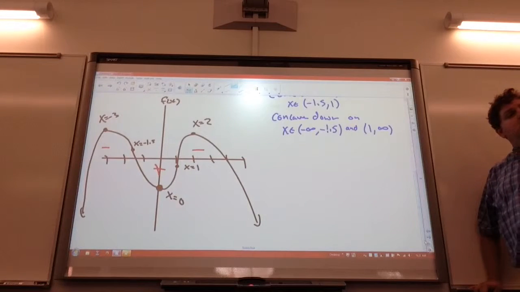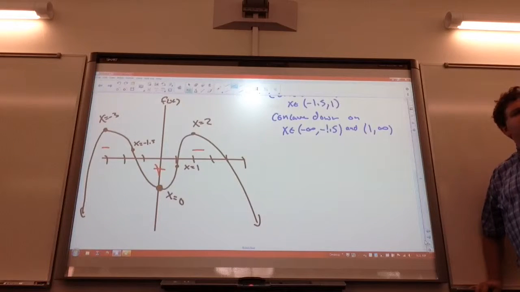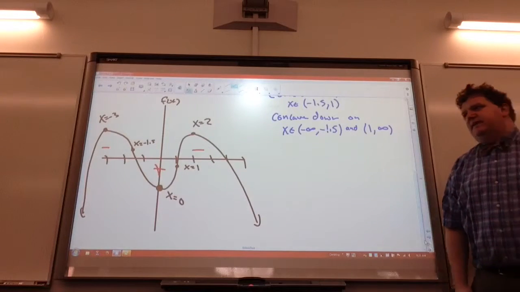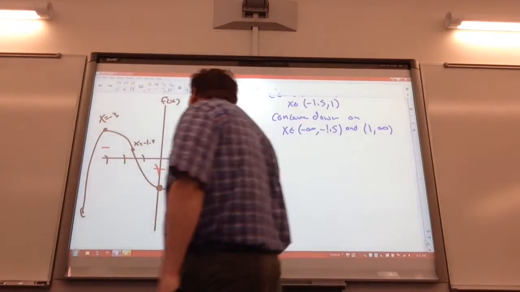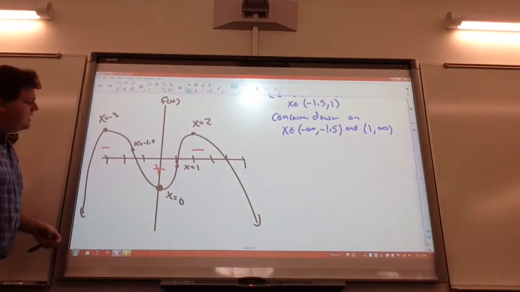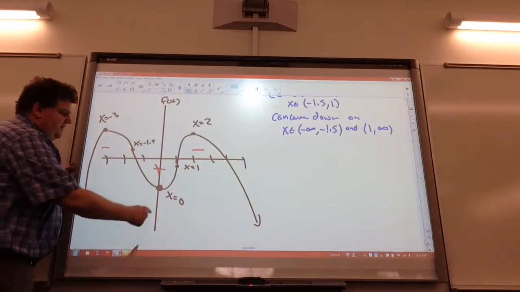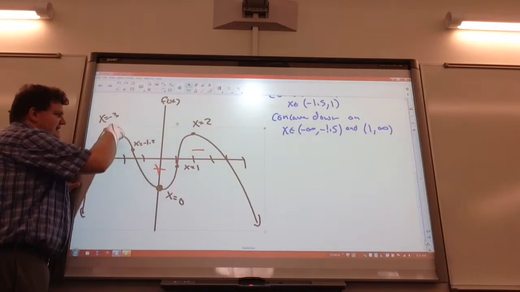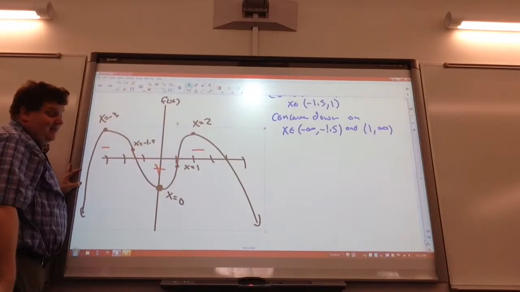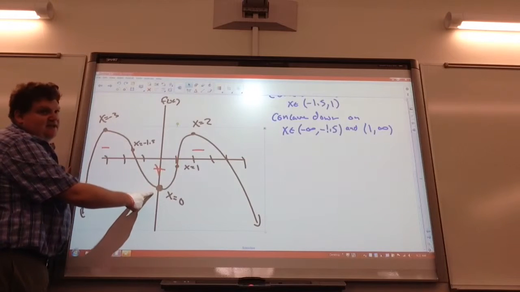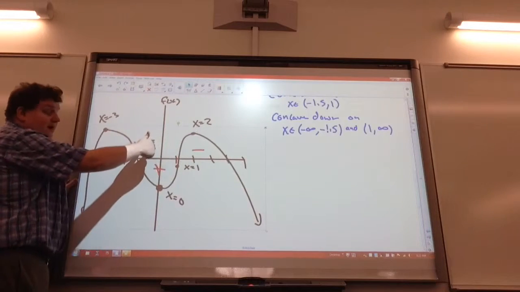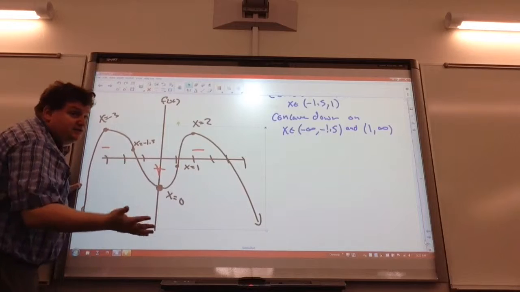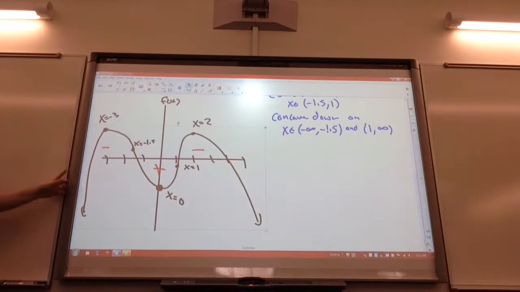That doesn't change it. I just put it there to demonstrate that all that matters, William, is that x equals 0, because it's a minimum, is beneath my maximums. The fact that it's down here in negative territory doesn't matter. It could be up here in positive territory. I just put it down here because that's where I felt like putting it.